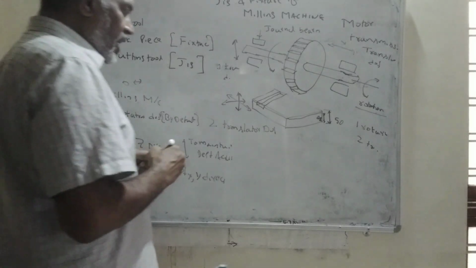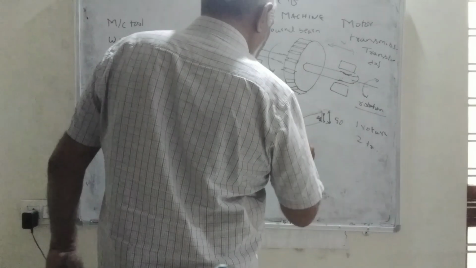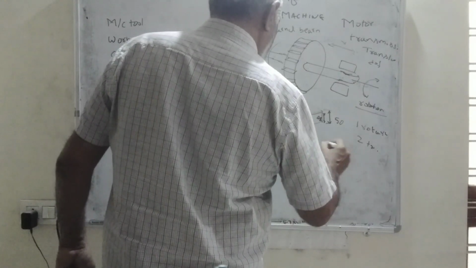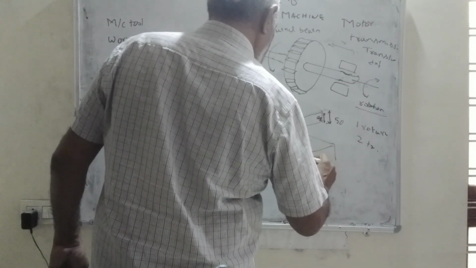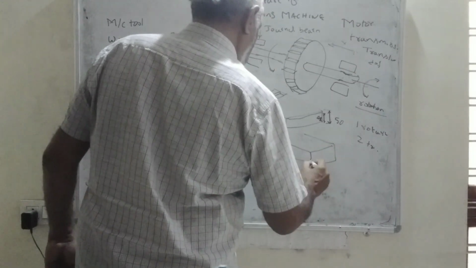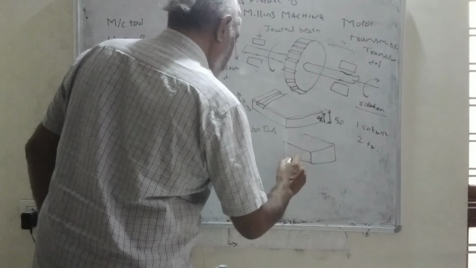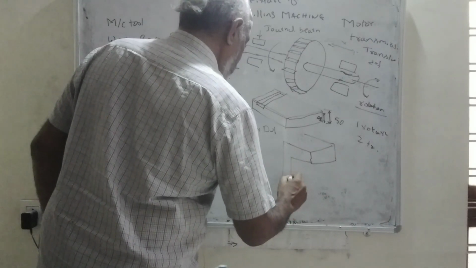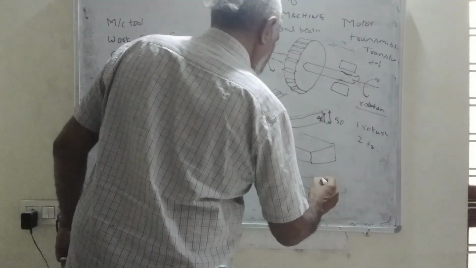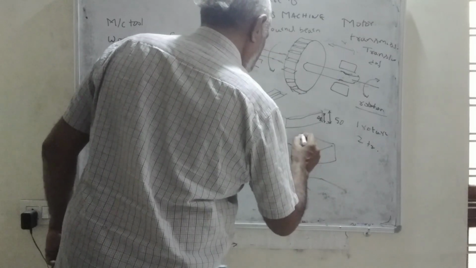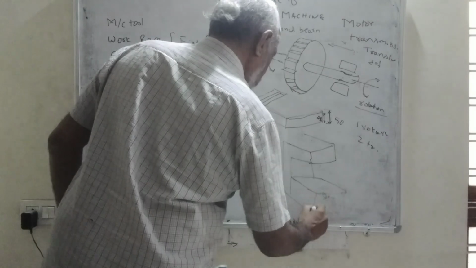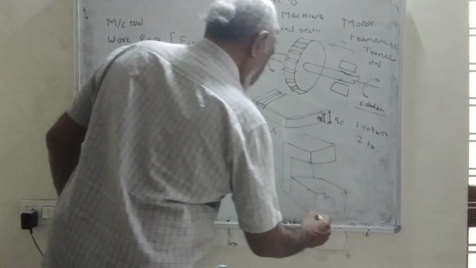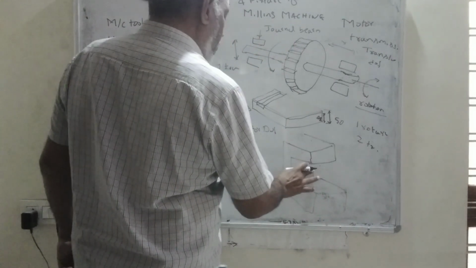So now we can see the shape of the milling machine. This will be a body.